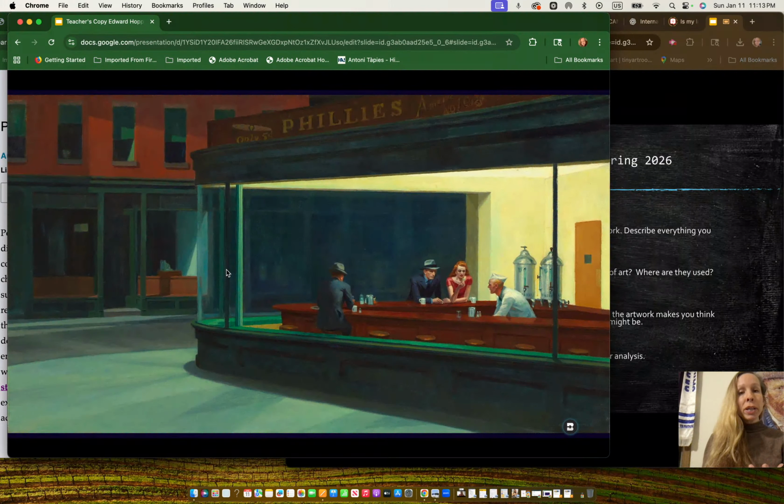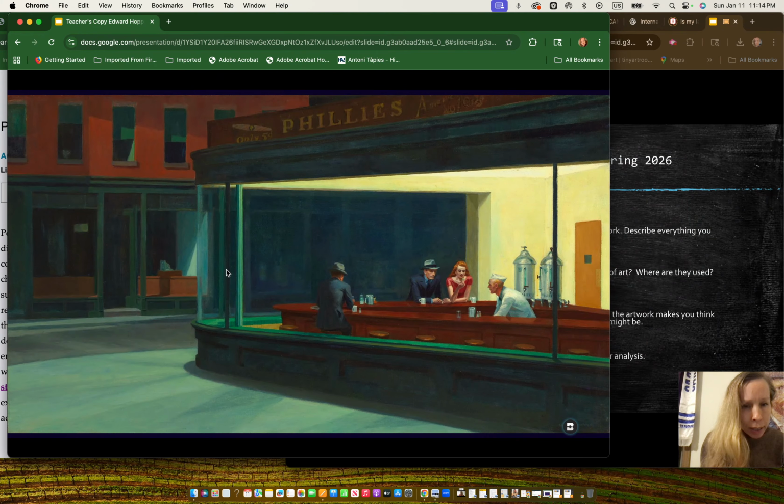So the focal point is that first thing that draws you into the work of art, like the first thing that you notice. So for me, the first thing that I notice in this painting is the man and the woman sitting together. And it's a focal point because her dress is really bright red, and she has red hair, and there just seems to be maybe a little more emotion in that piece.